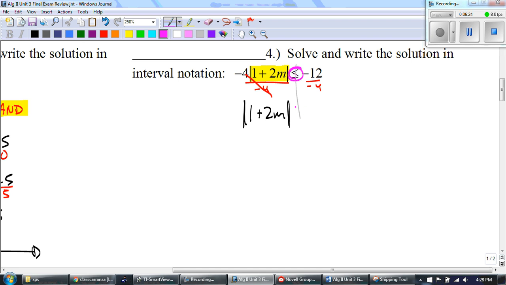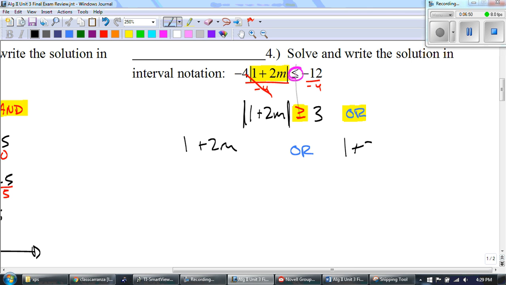I just divided by a negative, so I have to flip the sign, and negative 12 divided by negative 4 is positive 3. So now that is an OR graph. We have to have the OR. It's set up to 1 plus 2m.